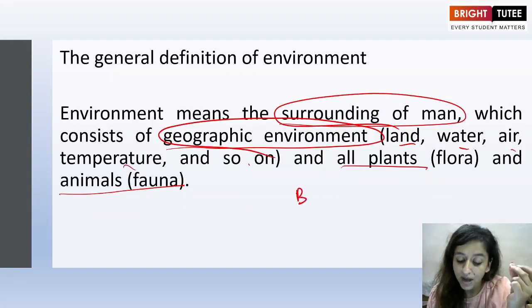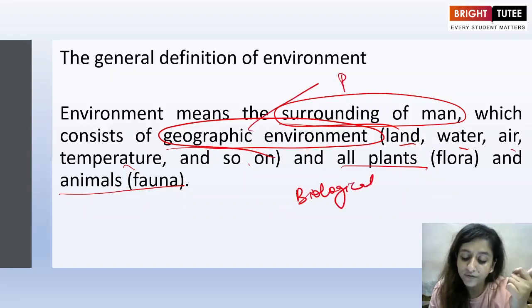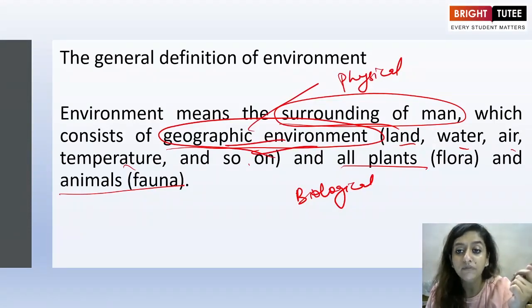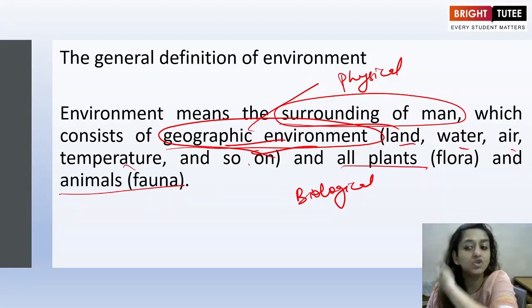So again, the biological aspect in terms of flora and fauna, and the physical aspect in terms of the geographic understanding. The environment is the surrounding of man, consisting of the geographic environment as well as the plants, animals, flora, fauna. That is all your biological part.